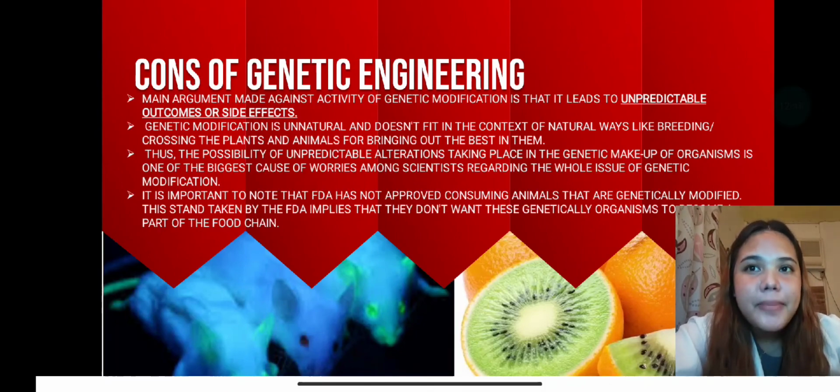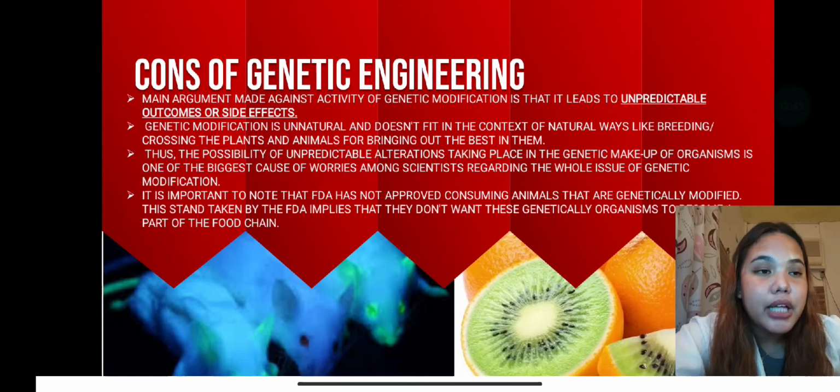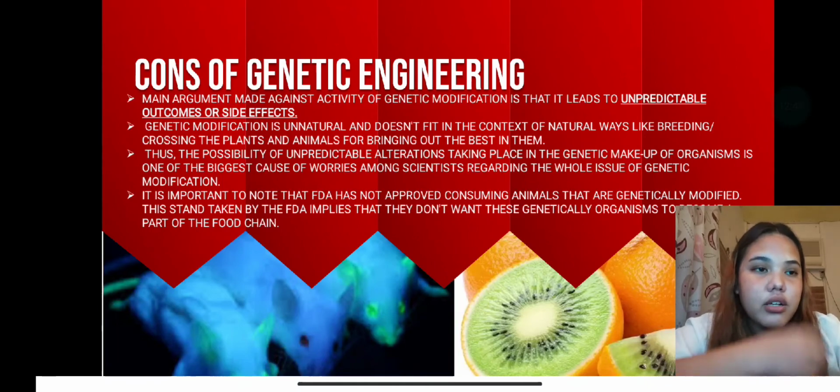So some researchers believe that eating GMO foods can contribute to the development of cancer. So makakuan ko no, eating GMO food kay maka-arise daw siya og health risks such as cancer.